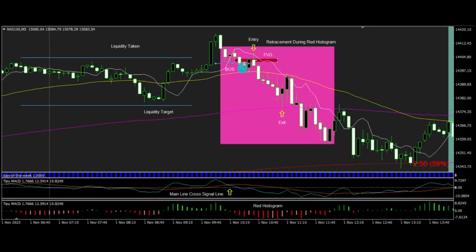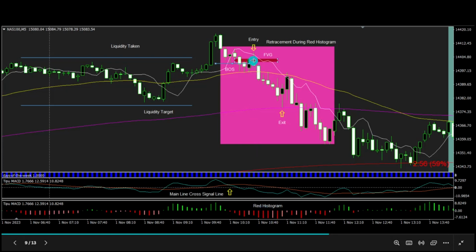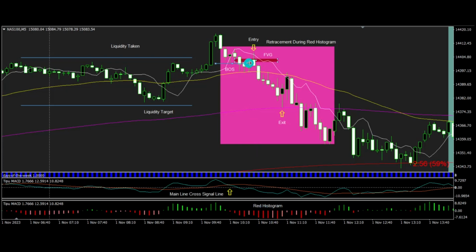That is our displacement. And the red histogram is where you'll see the retracement happen into the fair value gap. Normally, if price would be going to the upside, you'll see a green histogram, but this one stays red. And that is our entry, and our exit is below our liquidity right here.